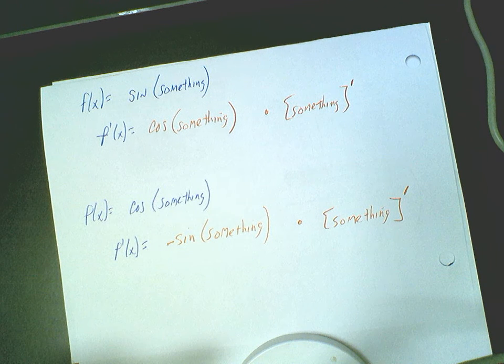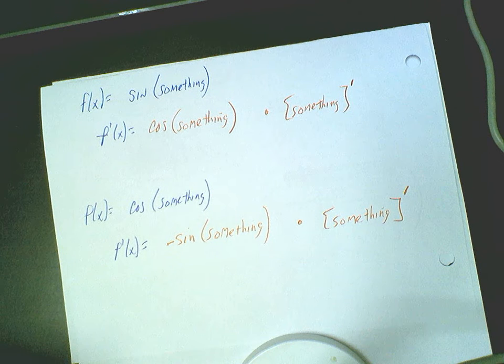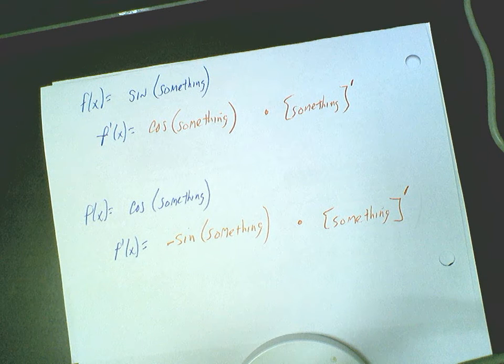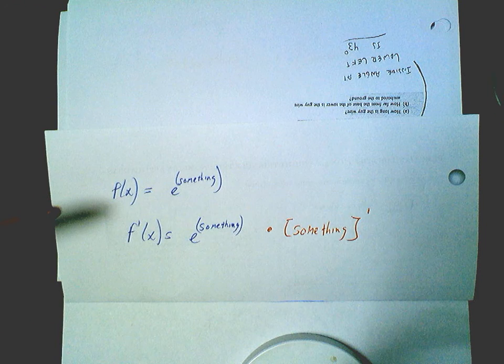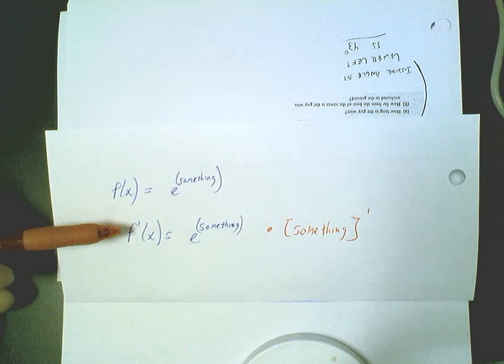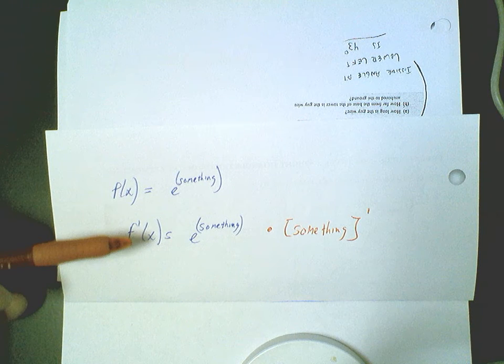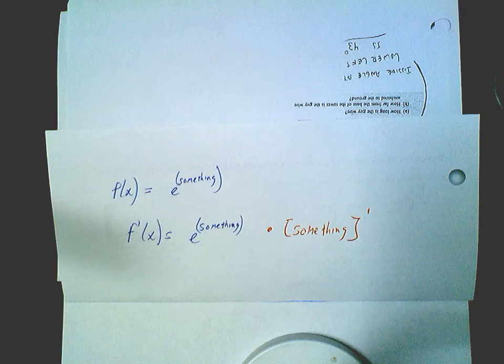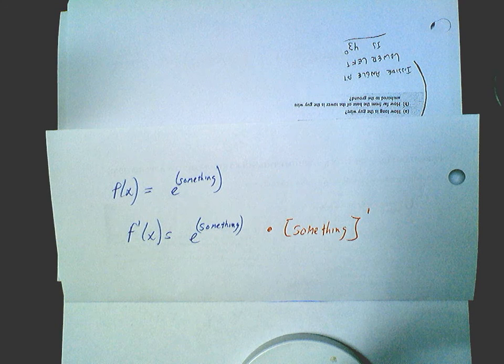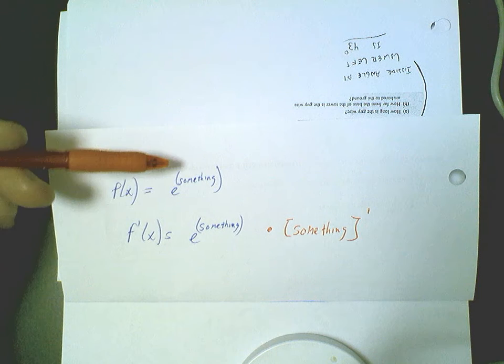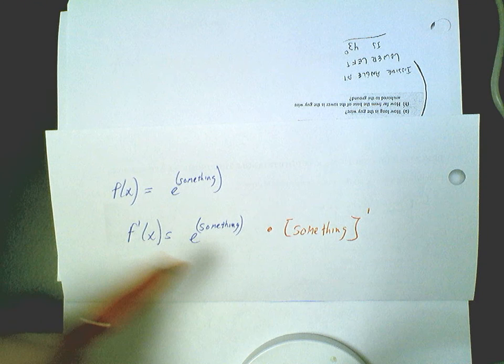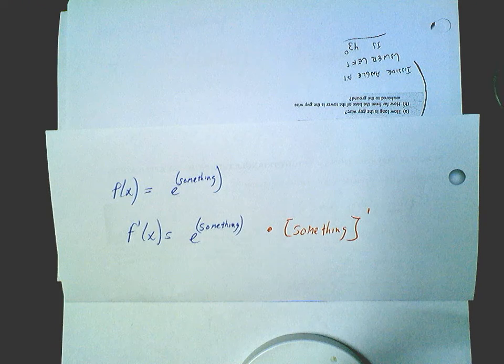Again, we'll see more of these as we keep working. Here we go, 2 more. f of x equals e raised to the something power. f prime of x is going to be what? e to the something. Remember, e to the x is its own derivative. So in this case, e to the whatever that something is, times, again, something prime, the derivative of something.